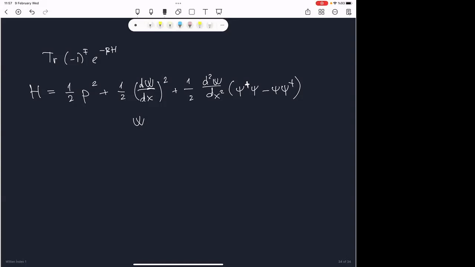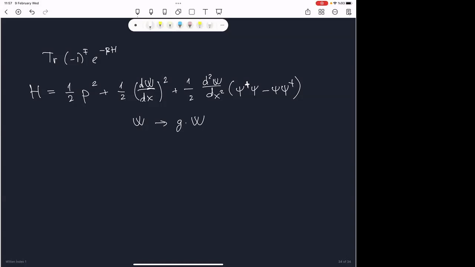So if you have some prepotential, then let's deform the prepotential. That means that instead of W, we write some constant G times W. Okay, so you can do this deformation.